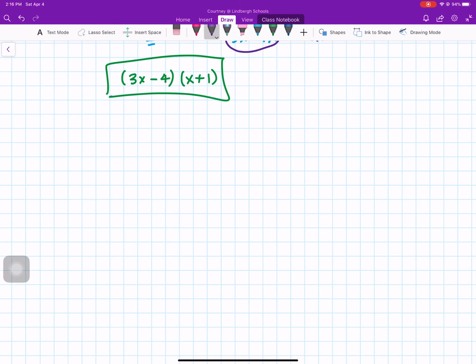Let's do at least one more example. How about we do 5x squared plus 6x plus 1.